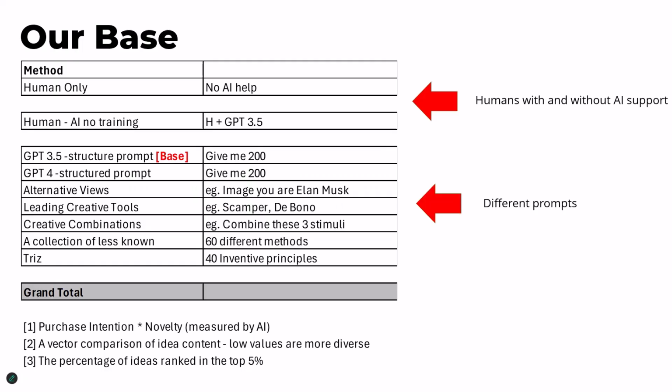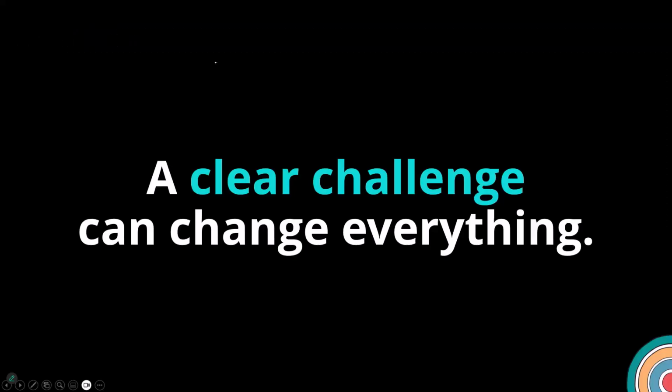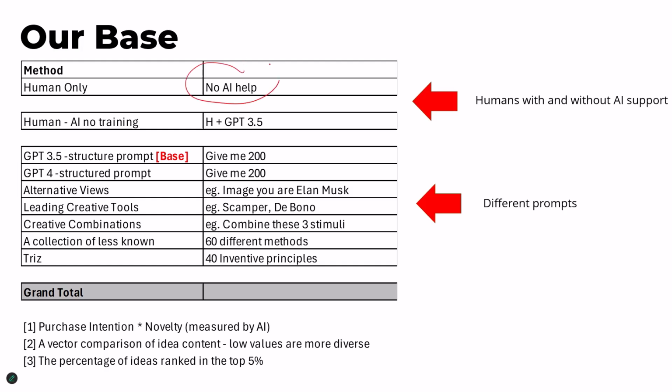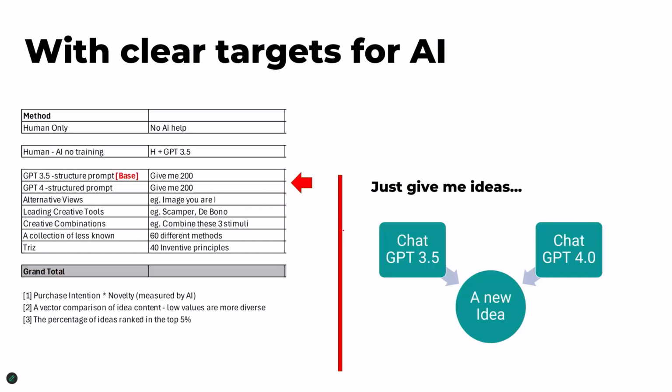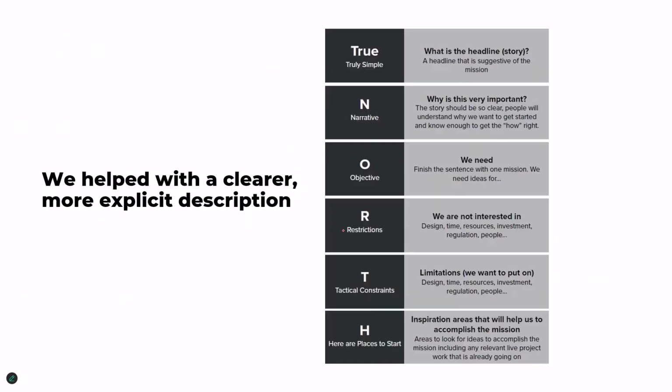So the full test that we did is we had a whole bunch of different ways of generating ideas: human beings all by themselves, human beings with AI, human beings with clear targets, and human beings with some different prompts. And we'll tell you what comes out. So we started with just generating the ideas.